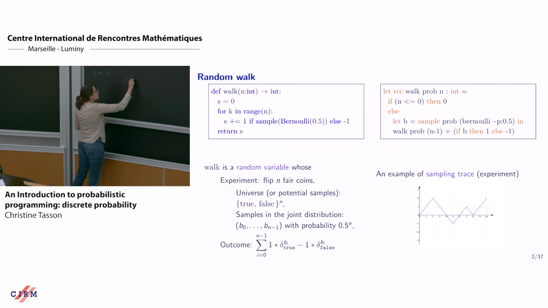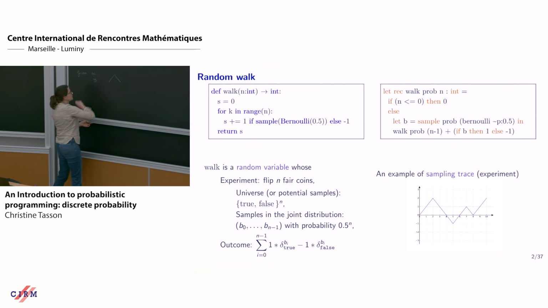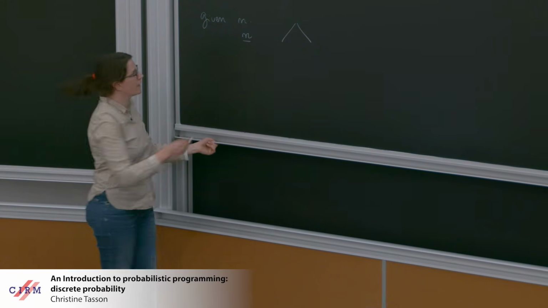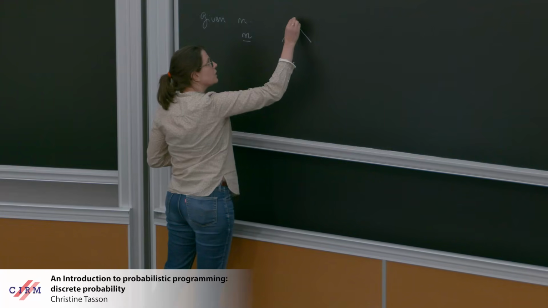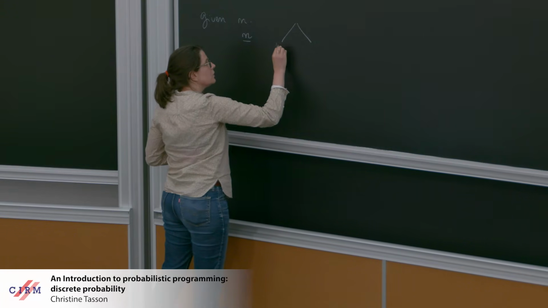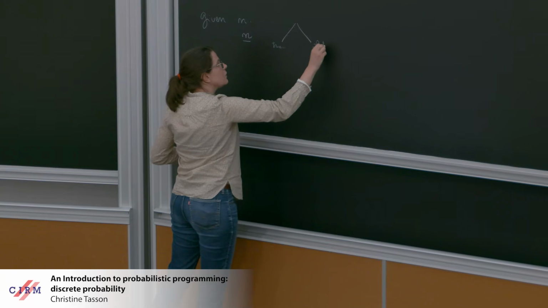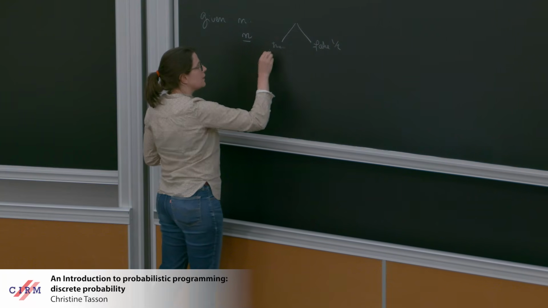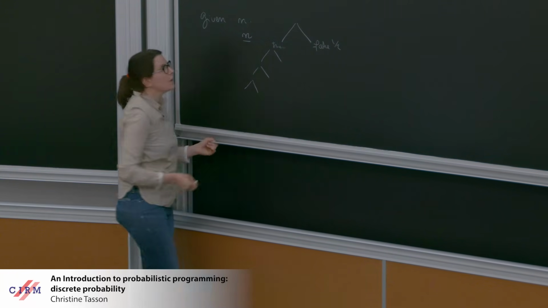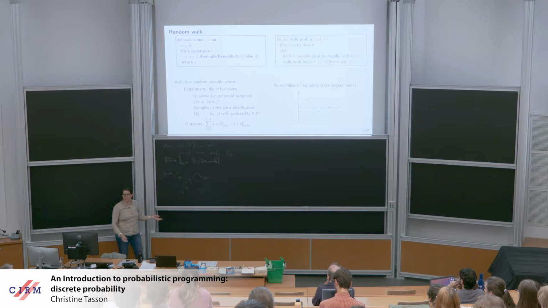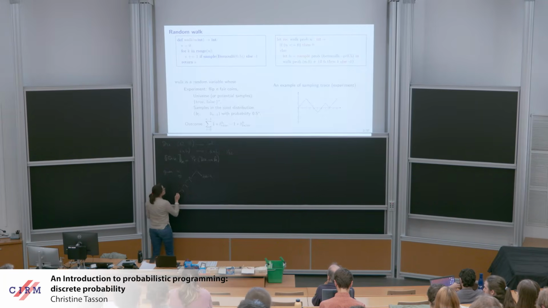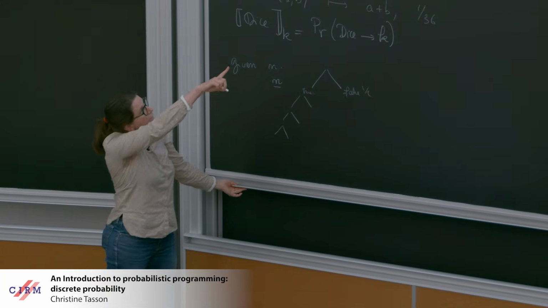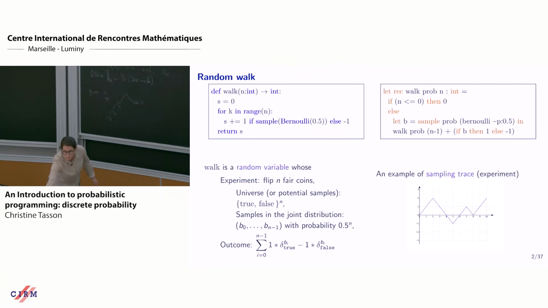So at each step, I have n steps, and I need to choose if I take true or false, with probability 1/2, and I do that n times. So my tree is becoming bigger and bigger. Okay. So, and this trace is corresponding to, so I go true, let me exchange this.